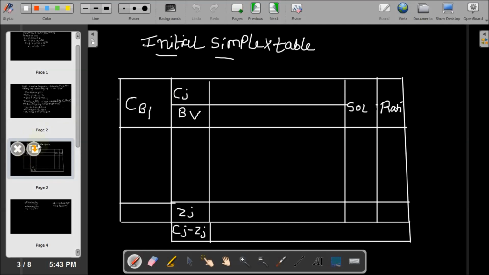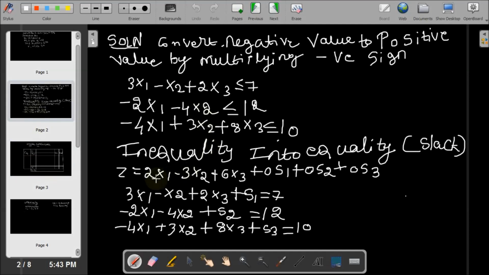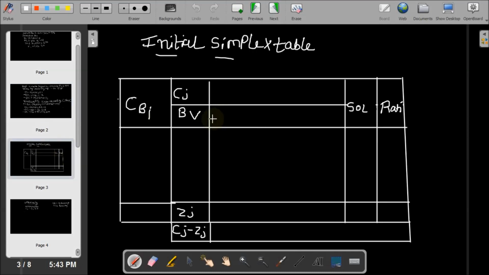So what are the basic variables here? So x1, x2, x3, s1, s2, s3. So these are the basic variables.